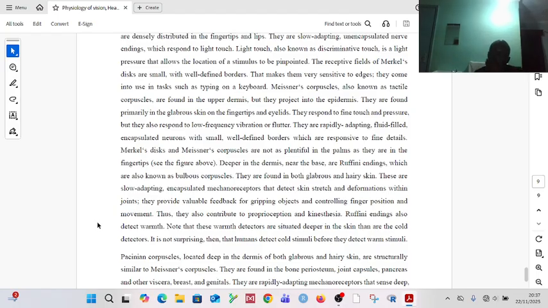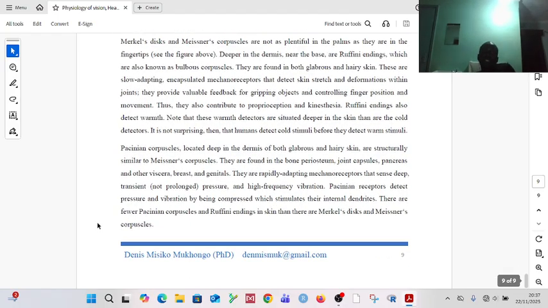The Pacinian corpuscles, which are also located deep in the dermis, happen to be found as well in a skin which has hair and in a skin which is glabrous, meaning it is not hairy. Okay? So equally, they sense deep transient pressure.